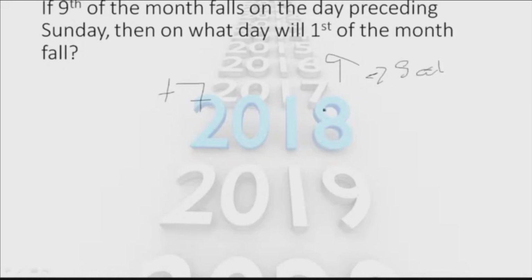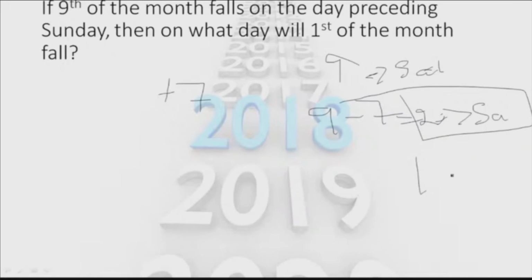They are asking you for the 1st. So you do 9 minus 7, you go to the previous Saturday. So the previous Saturday it was the 2nd. So if the 2nd is on Saturday, then obviously the 1st falls on Friday. So it is just the plus 7, minus 7 concept.